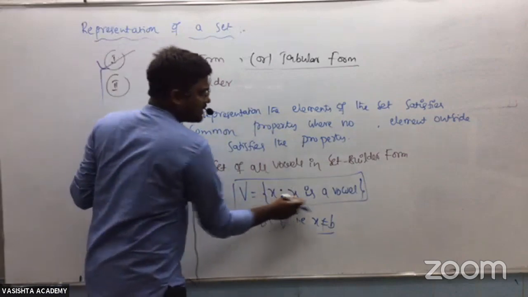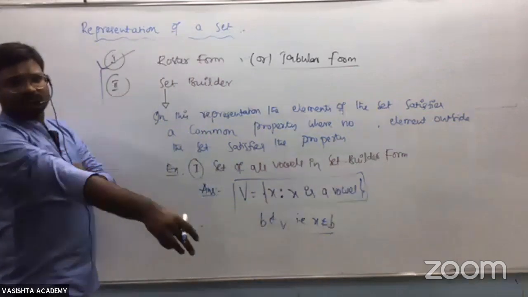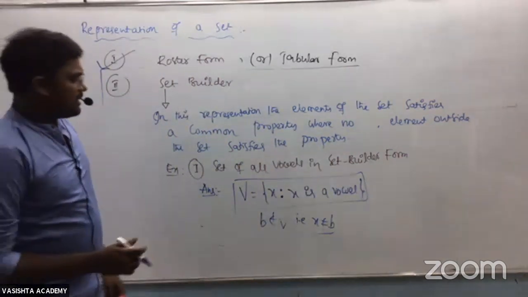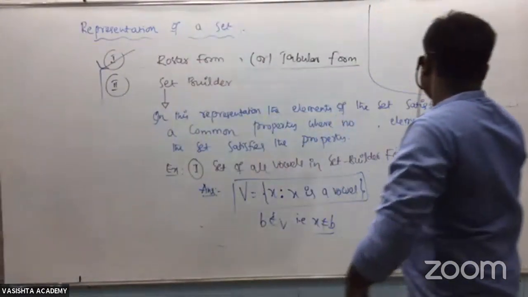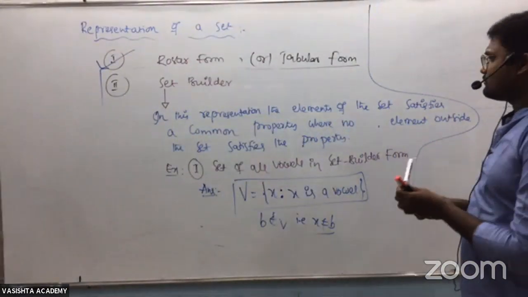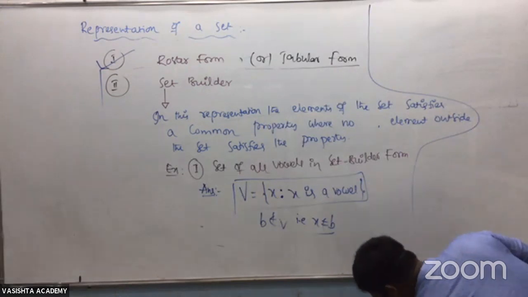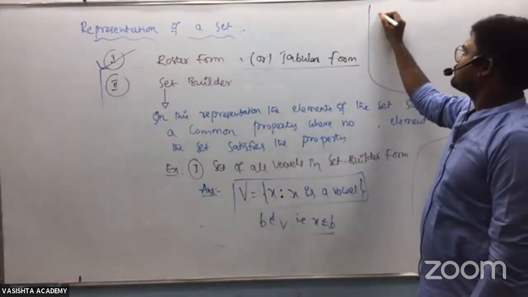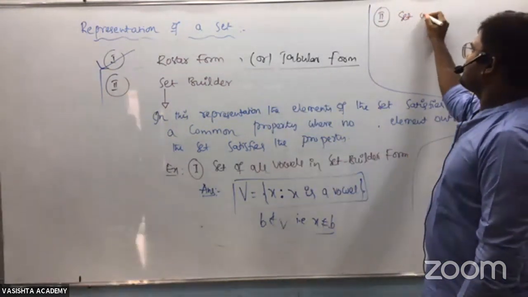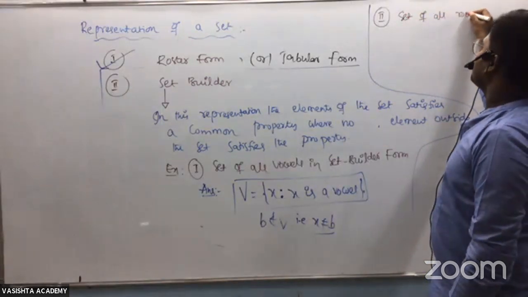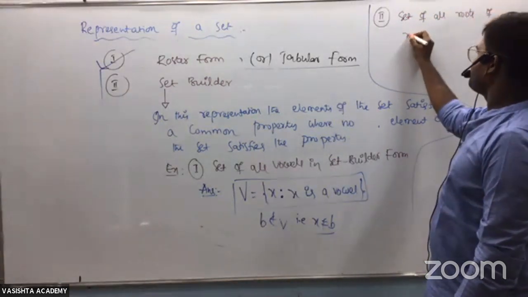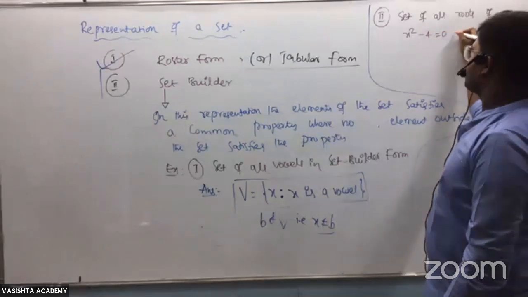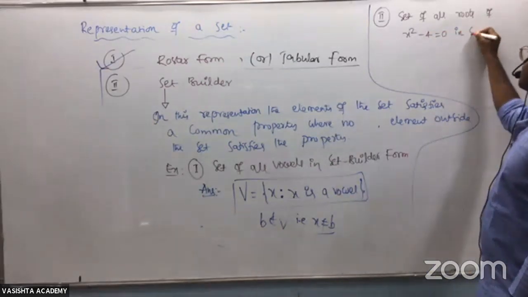What is the common property here? x is a vowel. Understood, everyone? Now if I take the second example, the set of all roots of x square minus 4 equals 0 in set builder form.